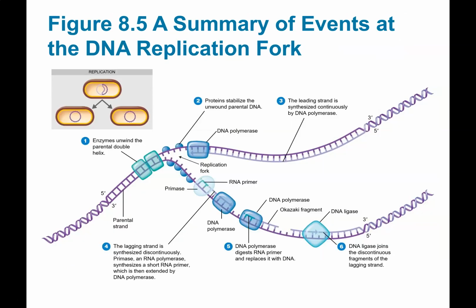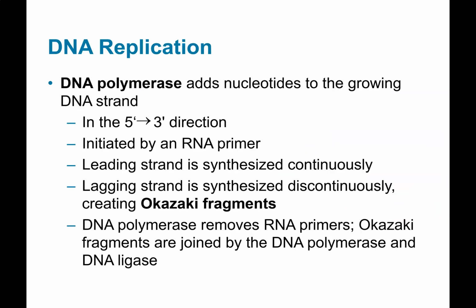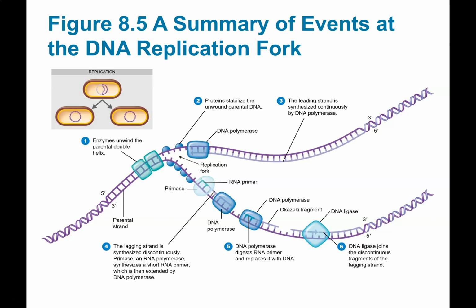All right, so here's the diagram of DNA replication that goes along with this info here. You should be able to read this info and look at the diagram and make sense of it. So here's where your DNA is still compacted, supercoiled, wound up.